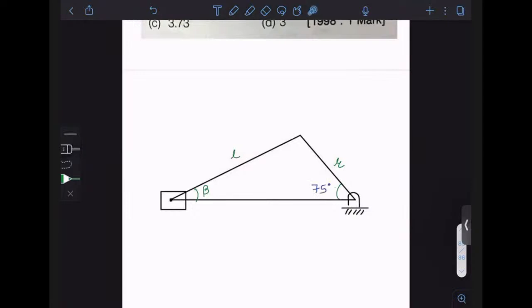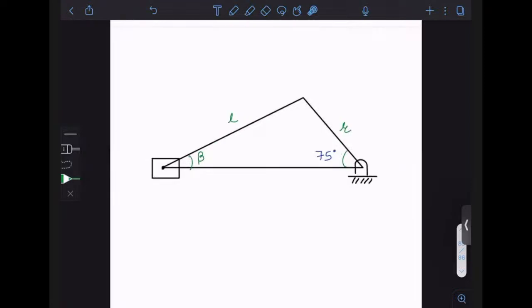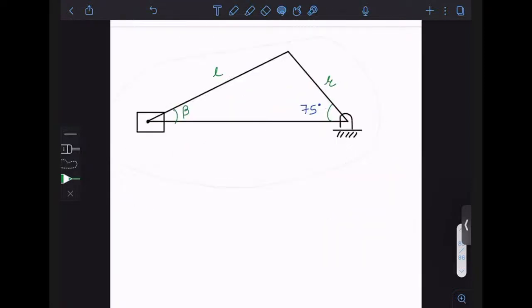So always remember, you know very well the area of this triangle. How can we write the area of this triangle? That's quite easy.